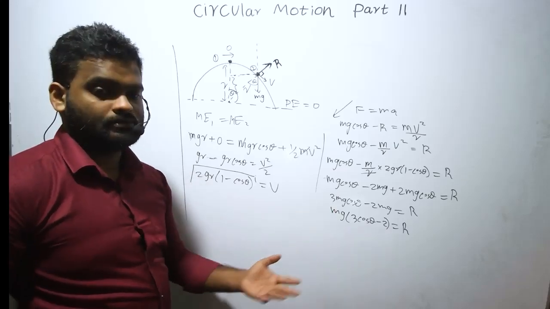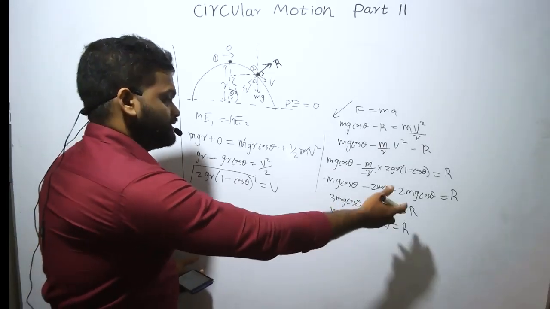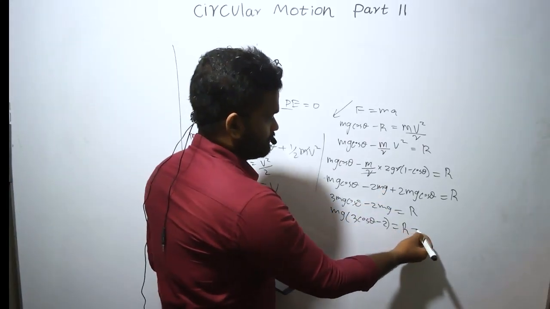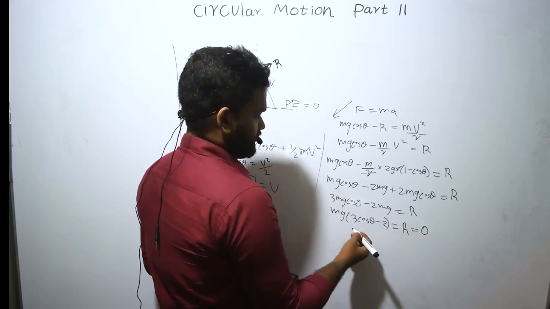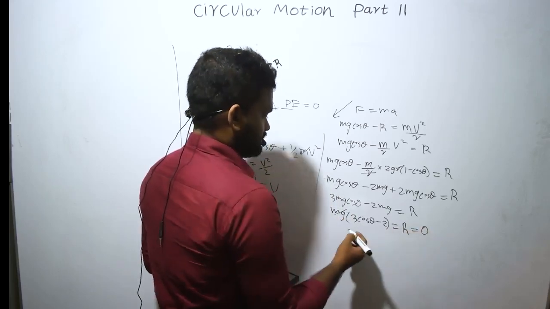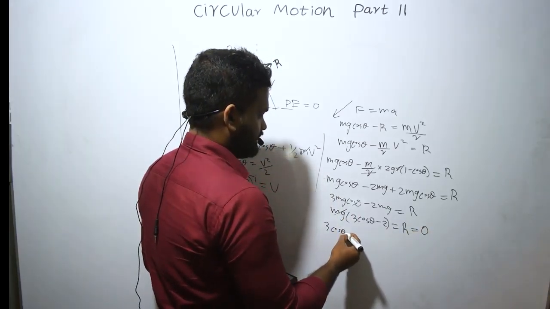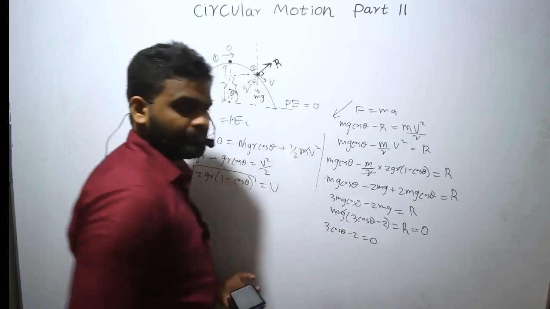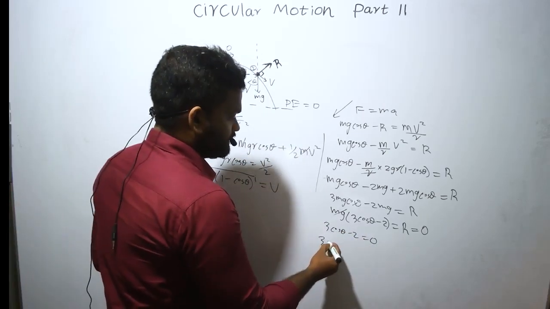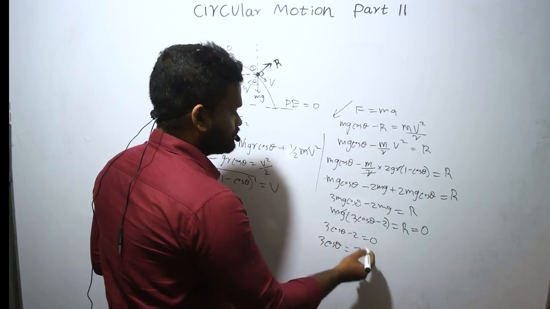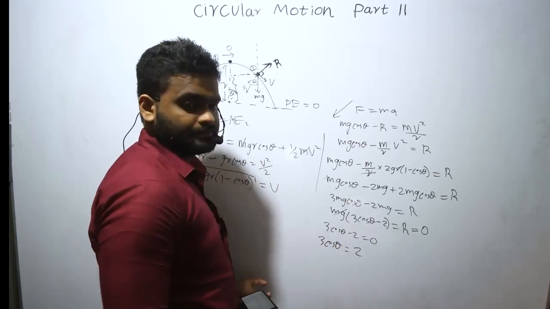So what do you have to do? Just make this 0, R is 0. So mg cancels off. So you get 3 cos theta minus 2 is equal to 0. Then 3 cos theta is equal to 2. 2 goes to the other side.